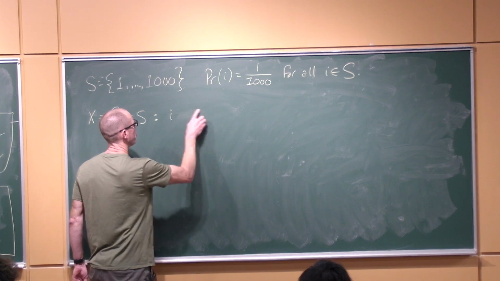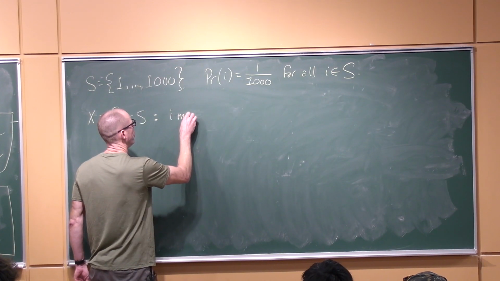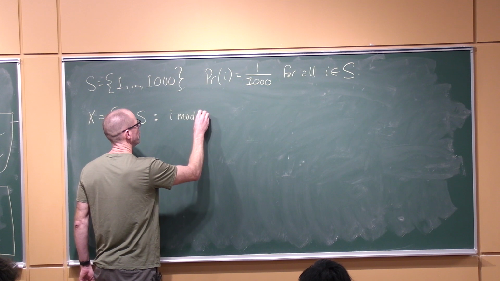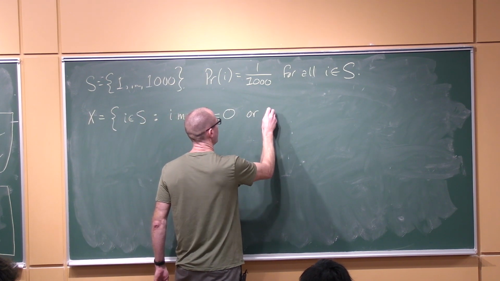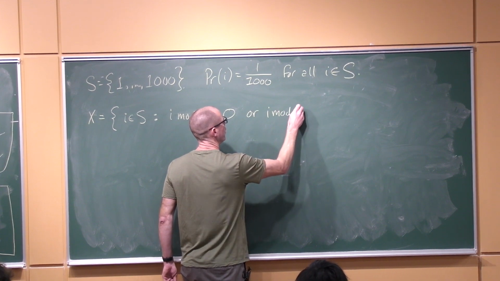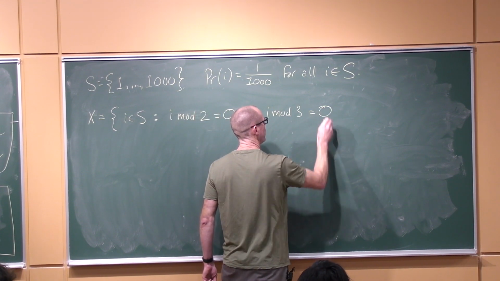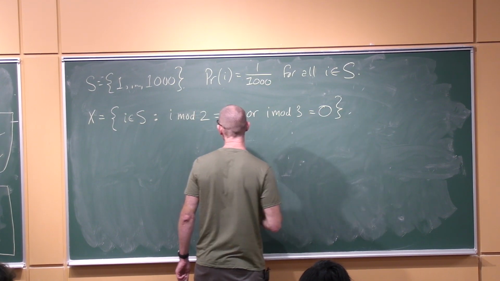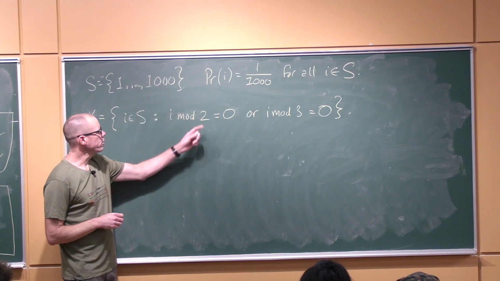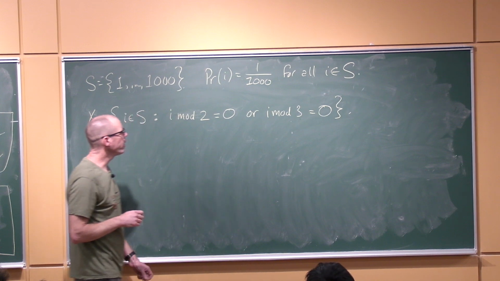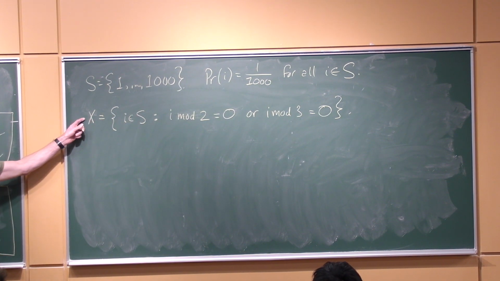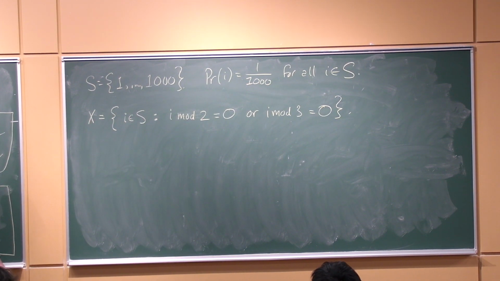Let me just write the formula. I mod 2 equals 0, or I mod 3 equals 0. So I is divisible by 2, or I is divisible by 3. That's the set that I'm interested in.